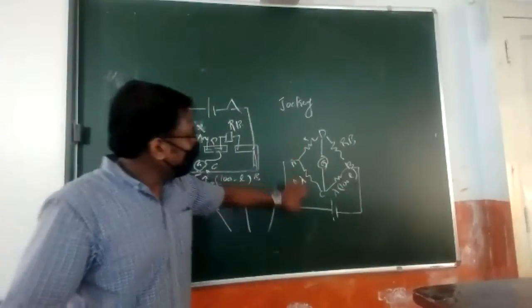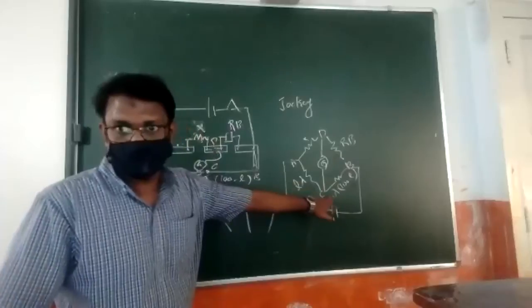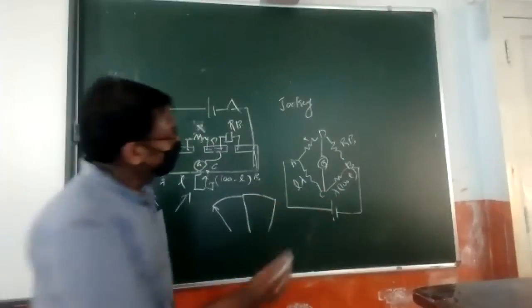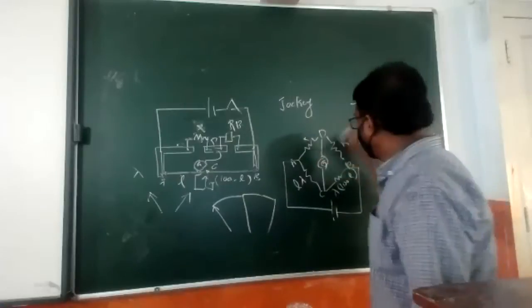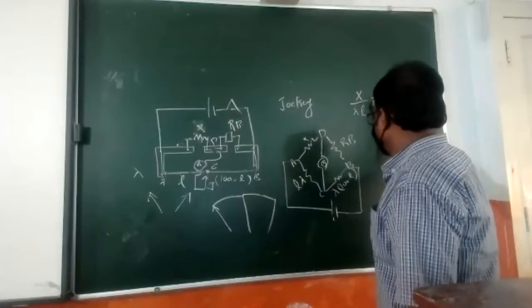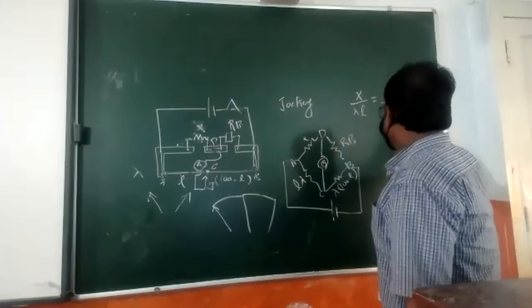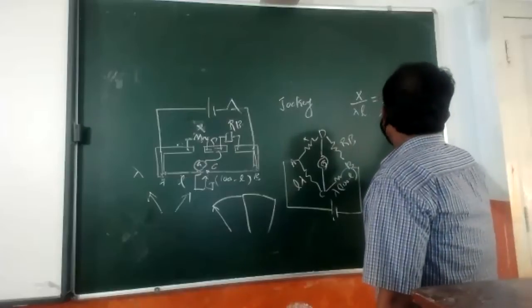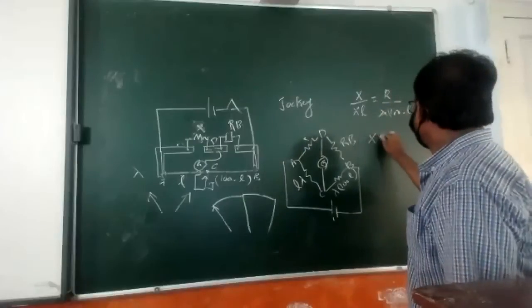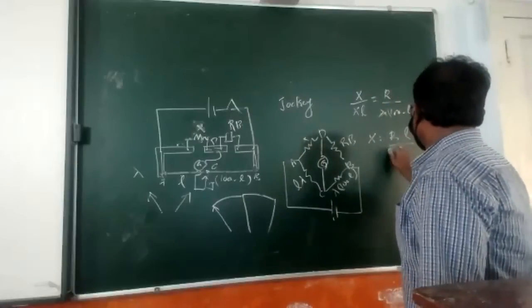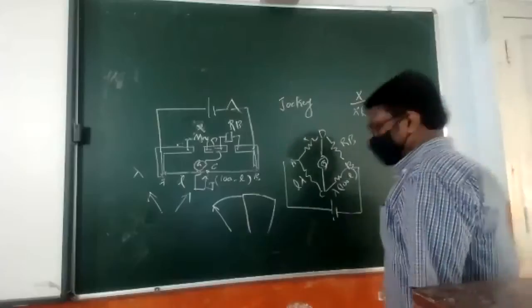So all arms have resistance. According to the Wheatstone bridge, X divided by lambda L is equal to R divided by lambda into (100 minus L). Lambda cancels.